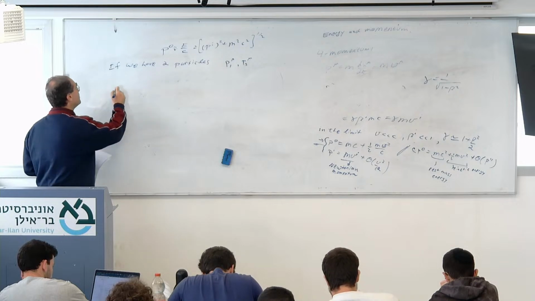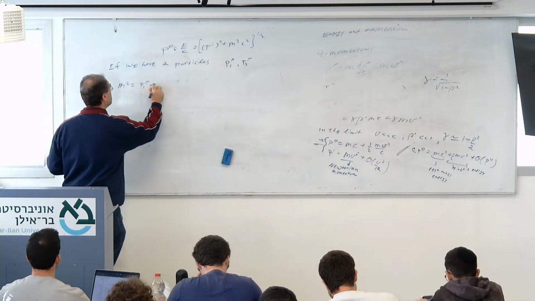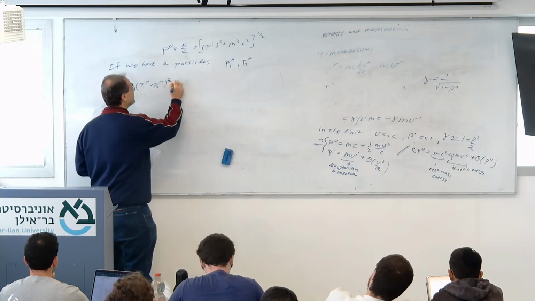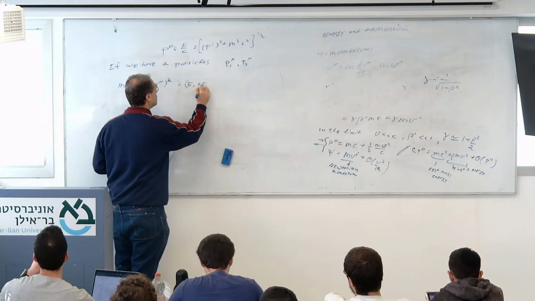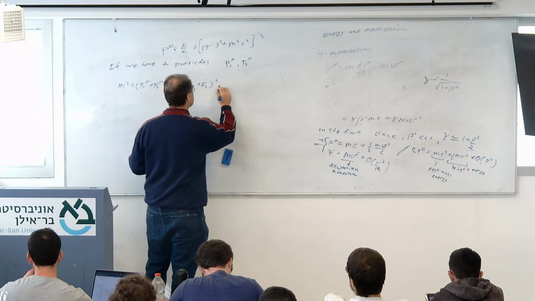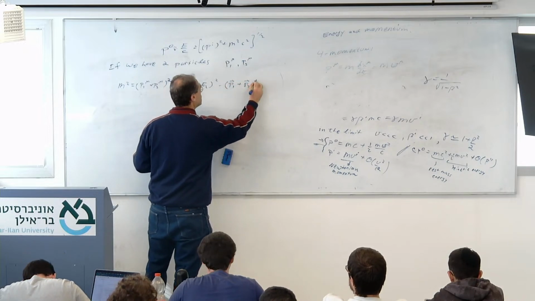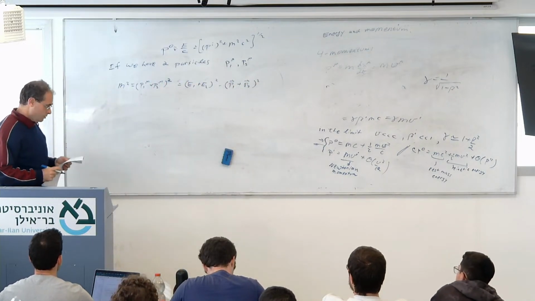Then m squared is (P1 mu plus P2 mu) squared, which is (E1 plus E2) squared minus (P1 plus P2) squared. These are three-vectors.